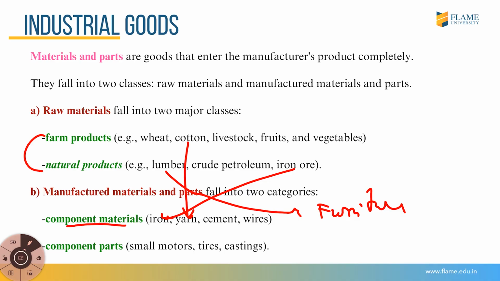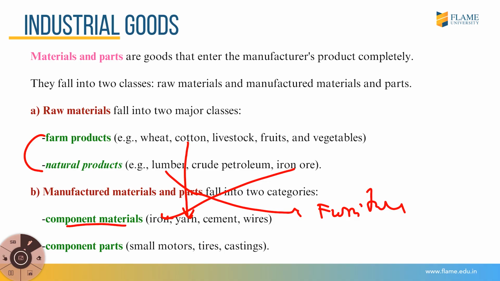Now, component materials are a composite in itself. They go into the end product as a composite. But when we talk about component parts, for example in a car, a component material is iron, which forms the structure of the vehicle. But to move the car you also need parts. A car needs a part called a tire.